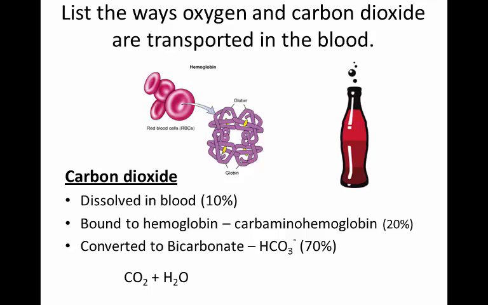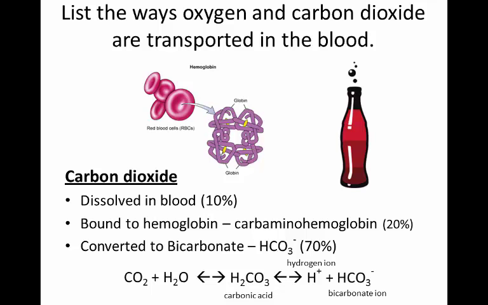Unlike being dissolved in the blood, which is just a physical change, this is actually a chemical reaction where we end up with H2CO3, which is carbonic acid. The carbonic acid then will break down into hydrogen ions and the bicarbonate ion. In this way then, the bicarbonate ion is produced and then is transported around the blood.